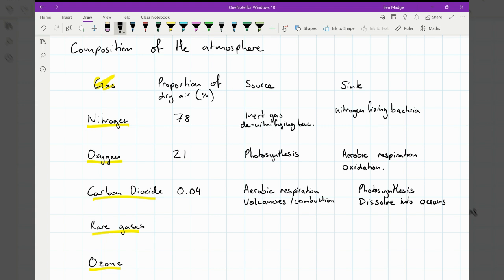Rare gases are a mixture of different things. If we look at things like neon or krypton, this is totally inert and just floats around in the atmosphere, and that's a result of radioactive decay in the Earth's crust.